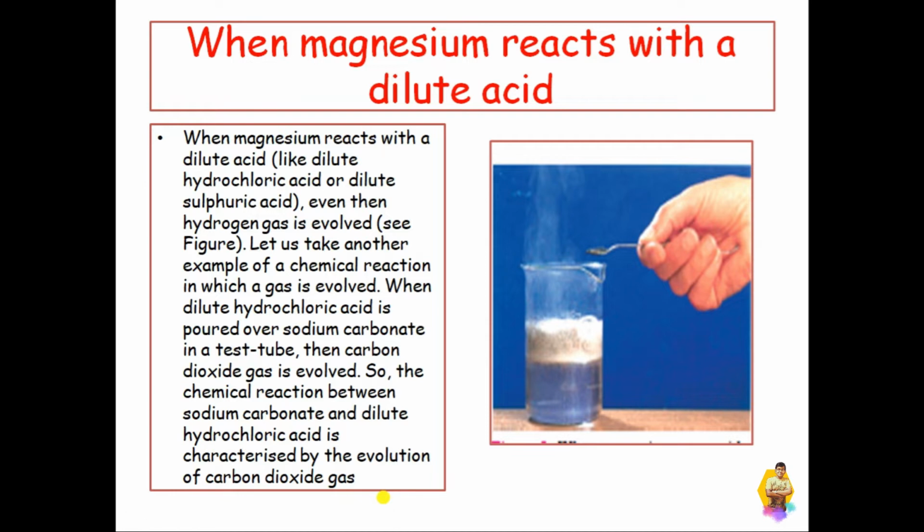So the chemical reaction between sodium carbonate and dilute hydrochloric acid is characterized by evolution of carbon dioxide gas. If you treat a metal with an acid, then hydrogen will be evolved. If we treat sodium carbonate with the acid, what will we get? We'll get carbon dioxide as the evolved gas.